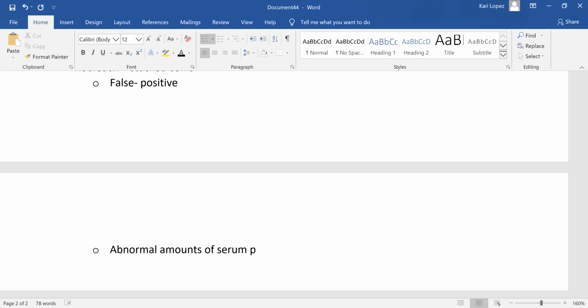I know this. Protein. Yep. So abnormal amounts of serum protein. Your resolution: how do you solve this issue? You repeat the test with saline wash cells.